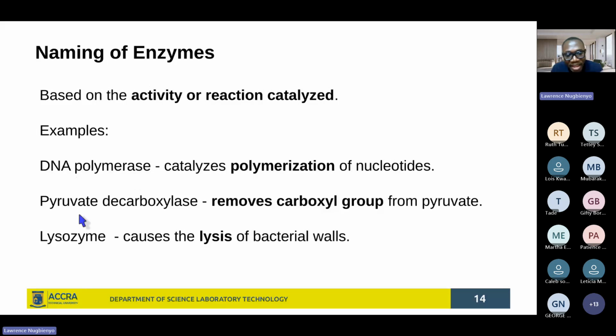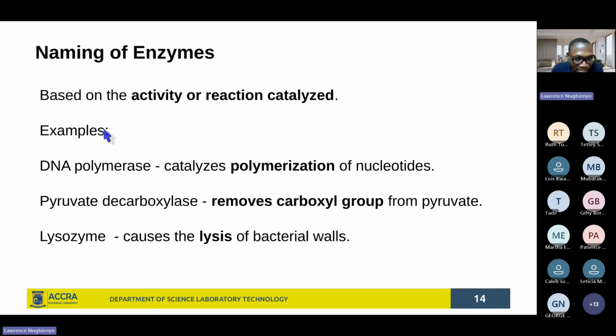Another one, pyruvate decarboxylase. Think of decarboxylase as deleting, removing the carboxylic acid group, the COOH group.